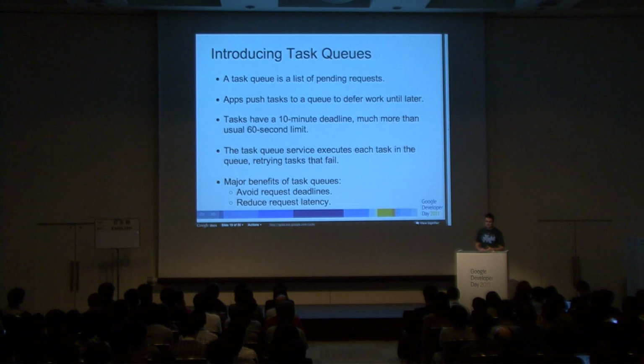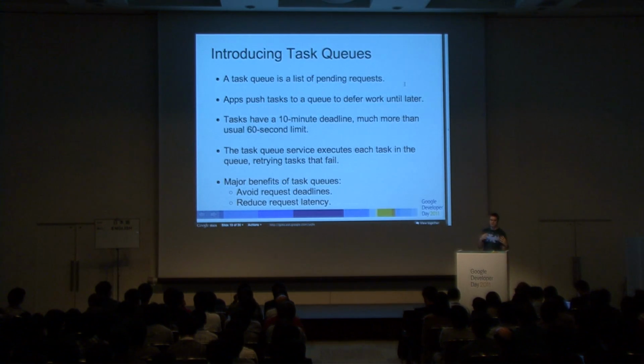So the task queue service is a feature of App Engine that is essentially just a list of pending web requests. Apps will create requests and push them to a queue, and then the queue is executed by the task queue service outside of the main user request.